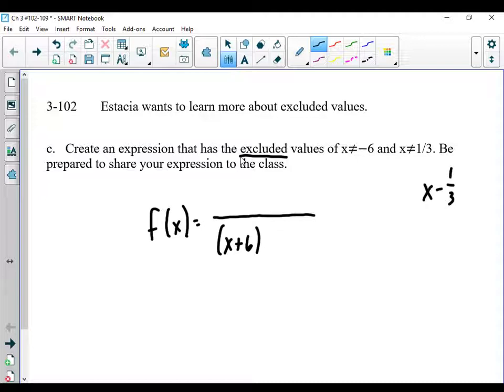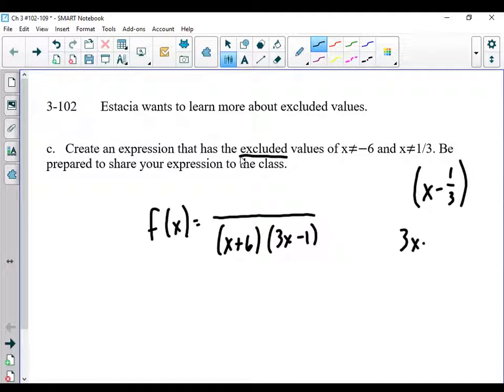And technically that would work, that would be okay. Probably a better way of writing it though would be something that doesn't include a fraction. So if we think about this, instead of having a fraction there, maybe a better way of writing it would be to have 3x minus 1.